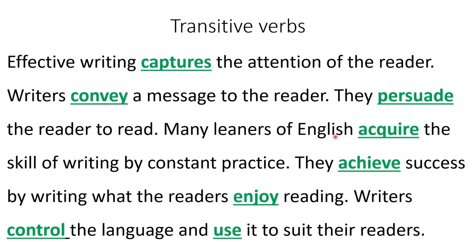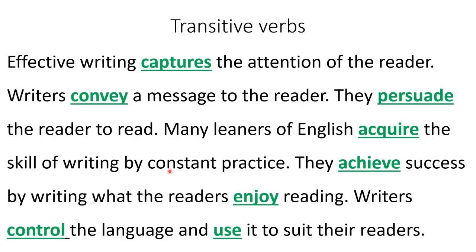Many learners of English. Now here is a complex subject with 4 words. Acquire is the transitive verb. Now acquire what? Acquire is to get. Acquire is to learn. The skill of writing by constant practice. Now the skill of writing by constant practice. Practice joined by preposition by. Writing joined by preposition of.